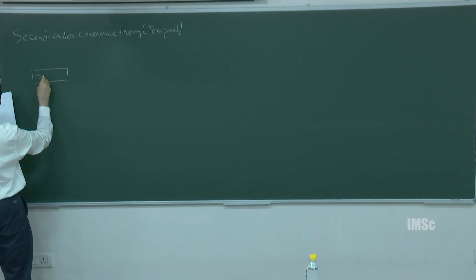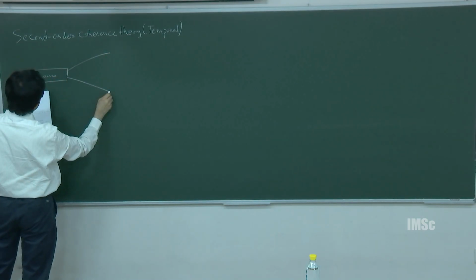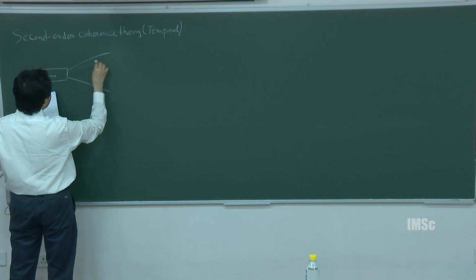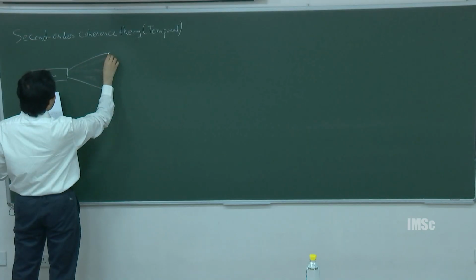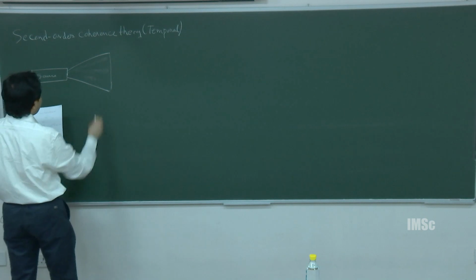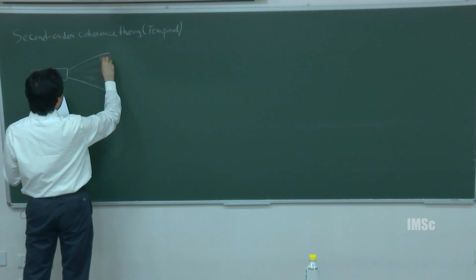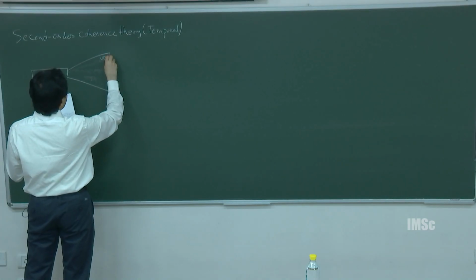So this is a source. Let us say this is the field produced by the source. Let us pick 2 points, and here let us say the field is V of R2 T2.